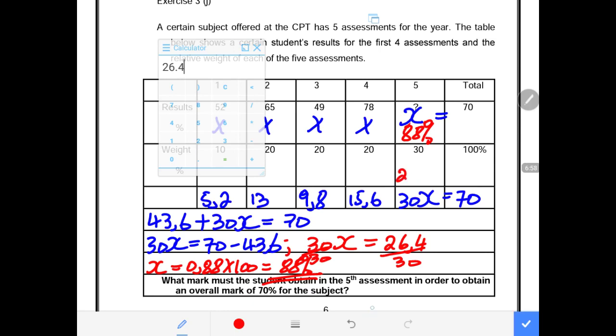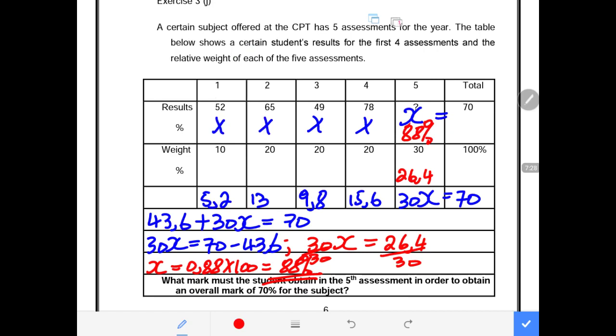That is the progress the student must get. 26.4 plus 15.6 plus 9.8 plus 13 plus 5.2 gives us an overall of 70. Remember, the assessment is out of 100%, so that will be 70 over 100, which is 70%.